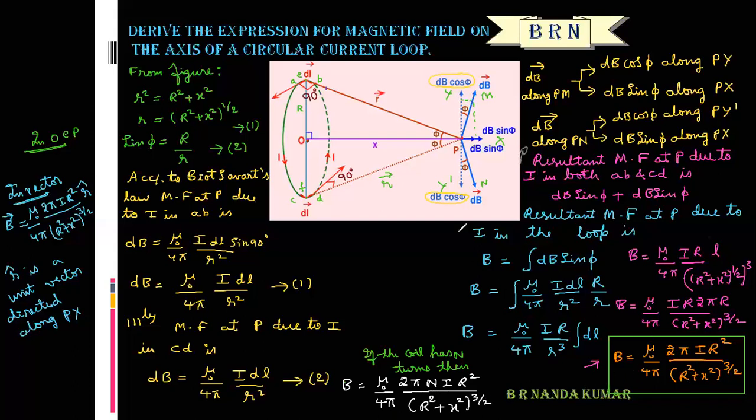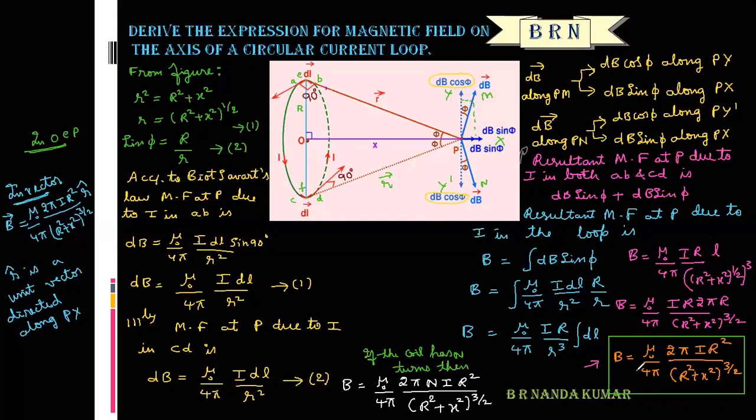So this is the magnetic field at point P on the axis of the current loop. This is the magnetic field at point P due to the current in the coil. Okay, so this is the mathematical expression for magnetic field at a point P on the axis of a current carrying coil.